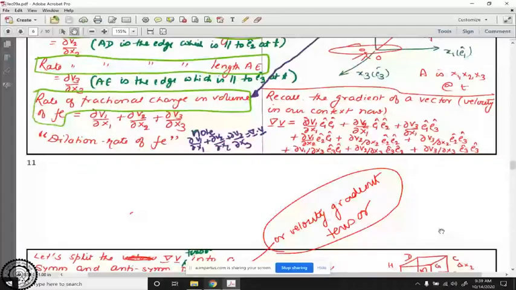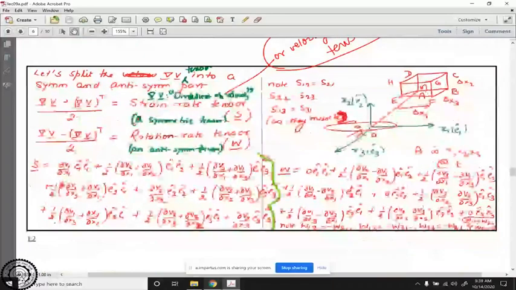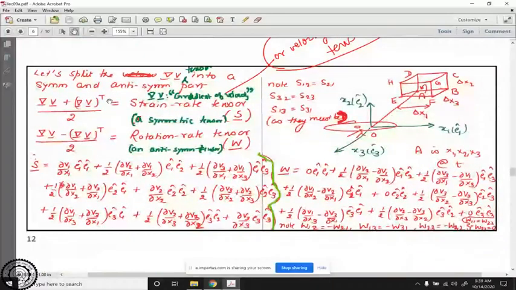But before we do it, before we make it more formal, I want to split the velocity gradient tensor into a symmetric and an anti-symmetric part. So I'm defining two new tensors using the velocity gradient tensor as this.